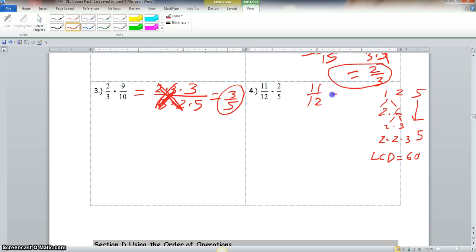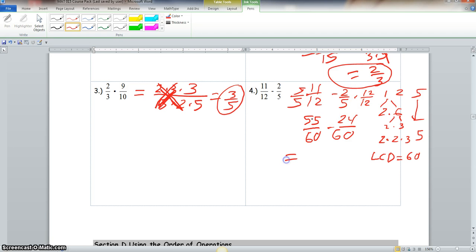So we'll write 11/12 minus 2/5. Common denominator is 60. 60 divided by 12 is 5. So we multiply our numerator and denominator by 5. 60 divided by 5 is 12. So we multiply our numerator and denominator by 12. 5 times 11 is 55, and 2 times 12 is 24.